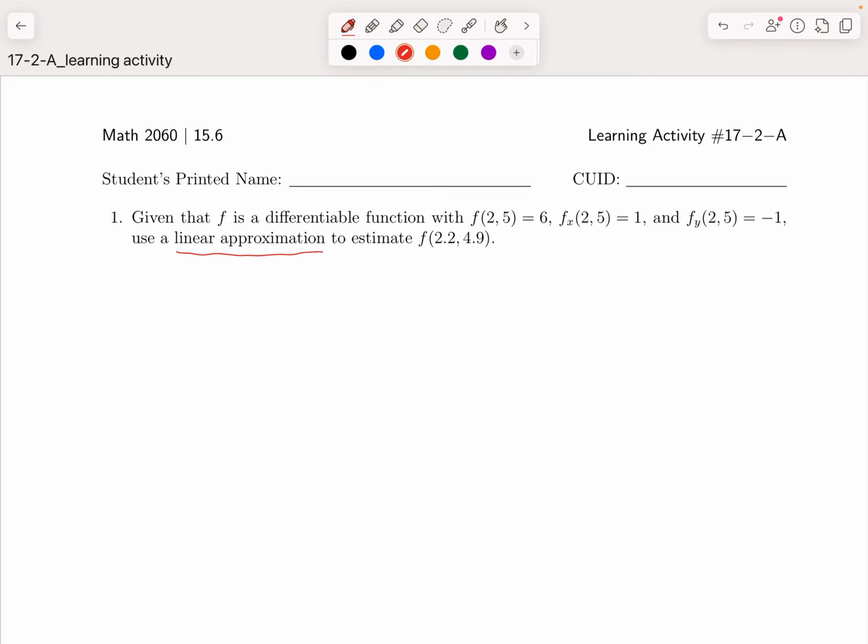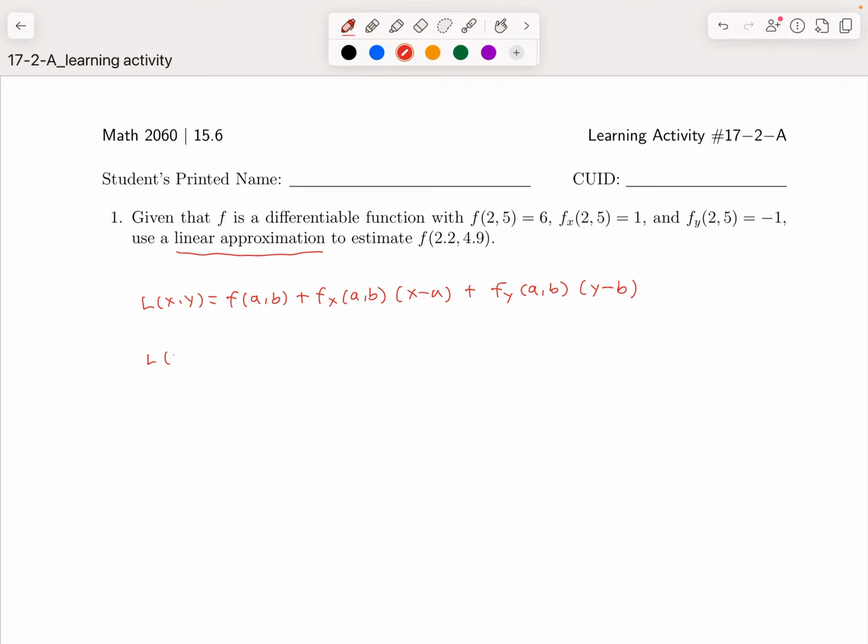And we know that the linear approximation right here should be f of (a, b) plus f sub x of (a, b) times (x minus a), plus f sub y of (a, b) times (y minus b). Again, this is your tangent plane. Now, of course, our point of interest is (2, 5). So basically, we want to put in this information.